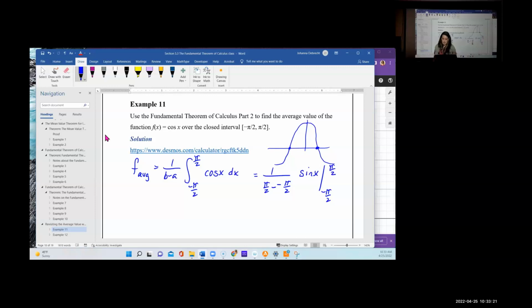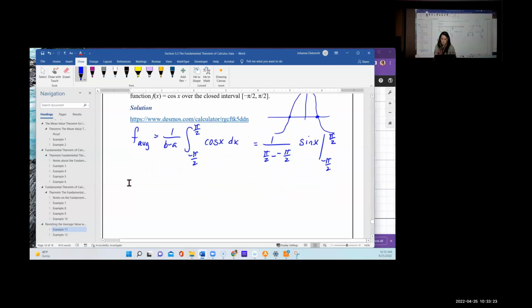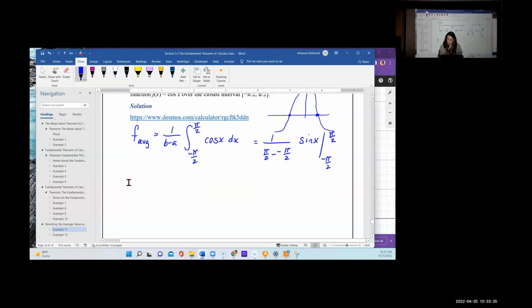Pi over 2 minus a negative pi over 2 gives me 2 pi over 2, or pi. So this becomes 1 over pi times the sine between negative pi over 2 and pi over 2. I'm going to leave the 1 over pi out, and I'm going to plug in the upper limit of integration first, and then subtract when I plug in the lower limit of integration.